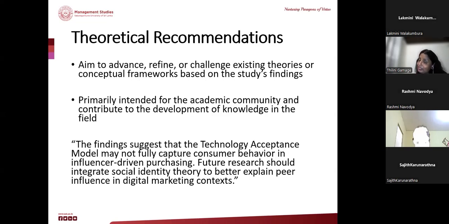And theoretical recommendations are primarily targeting the academic community, scholars, researchers like you and me. It focuses on how your study findings contribute to developing new knowledge.